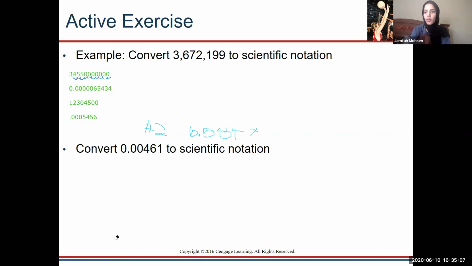Wait, how do you write on the board? You go to annotate. It's usually under view options.